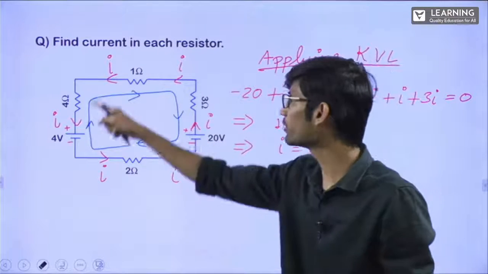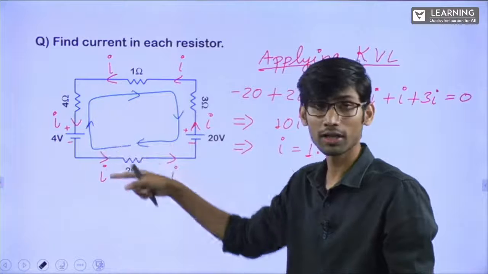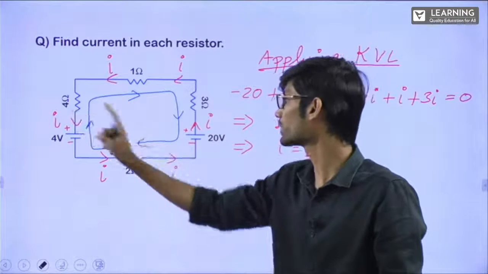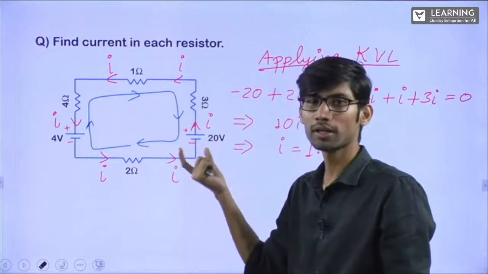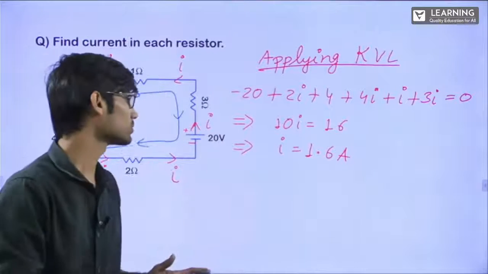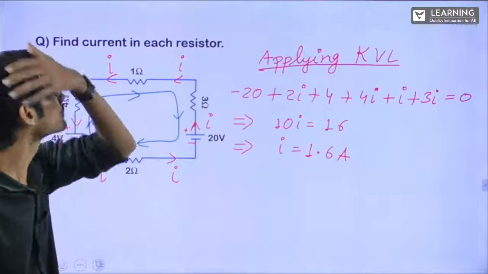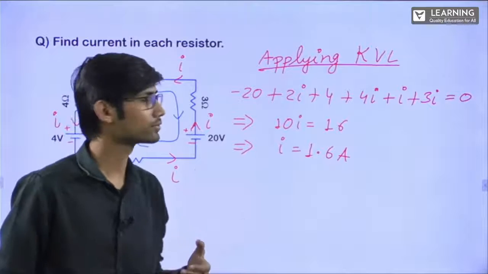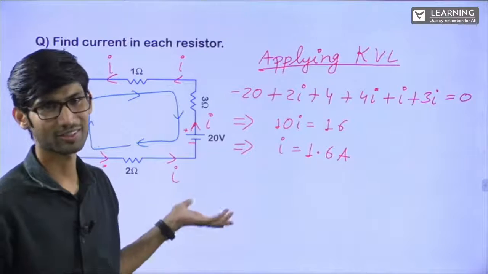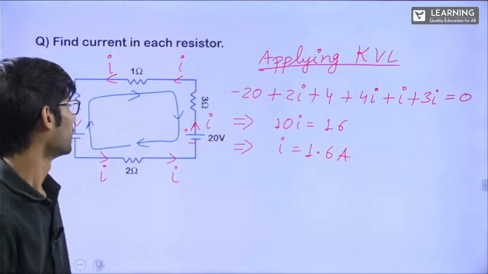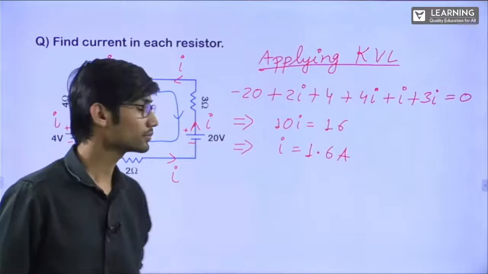And the sum of all the resistance, since they all are in series, 3 plus 1, 4, plus 4, 8, plus 2, 10. 16 by 10, 1.6, right? So again, this was also easy. It was not necessary that you apply Kirchhoff's law to do it, but since we are doing Kirchhoff's law, we have done it in that way. Okay. Clear? Next.